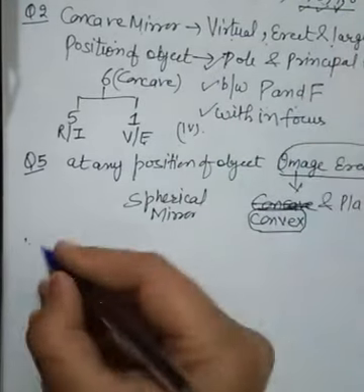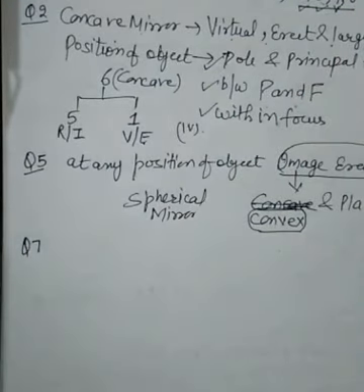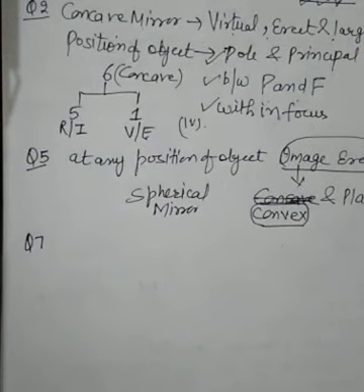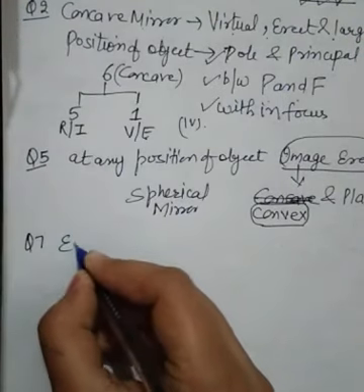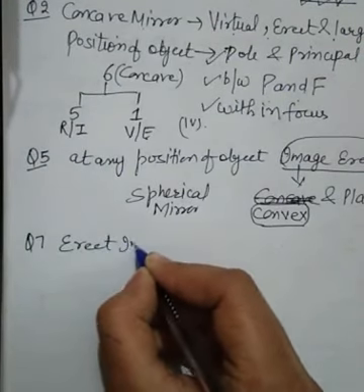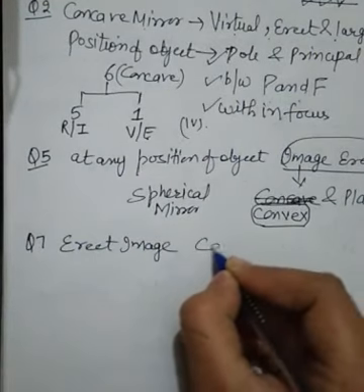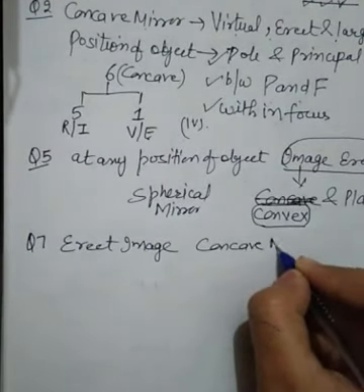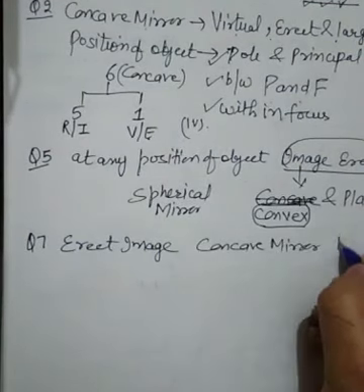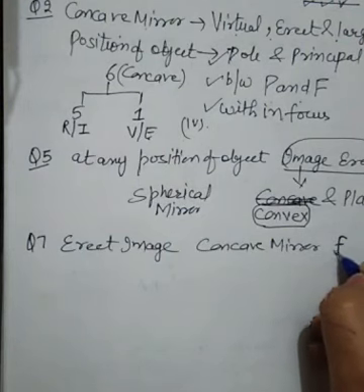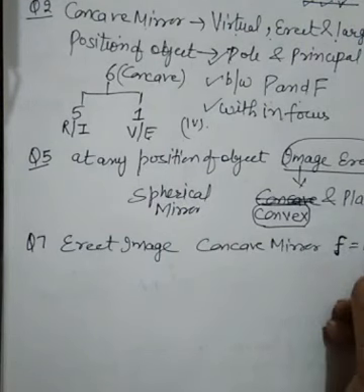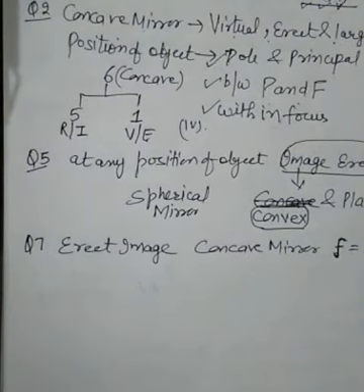Question number 7. We wish to obtain an erect image of an object using a concave mirror of focal length, focal length is represented by small f, that is 15 centimeter.